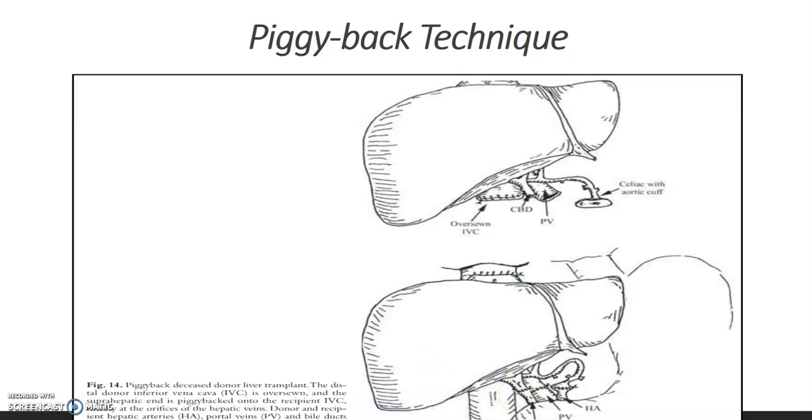So in comparison between two procedures, there's one less anastomosis to be performed in piggyback technique, and second, the chances of post-operative bleeding are less as there's no dissection of IVC performed in the recipient.